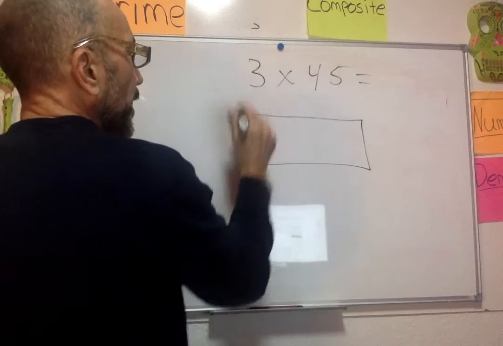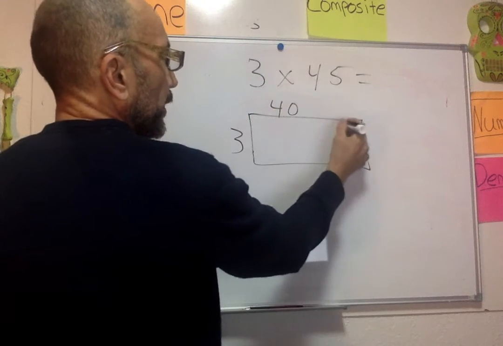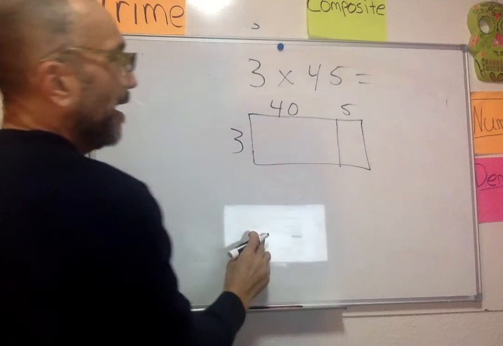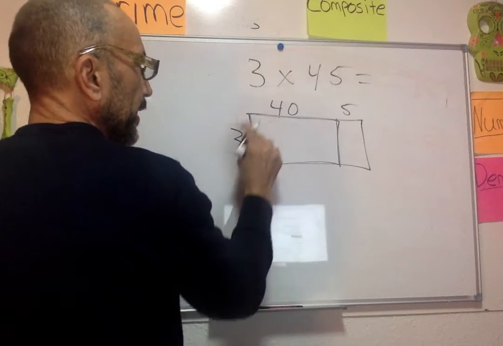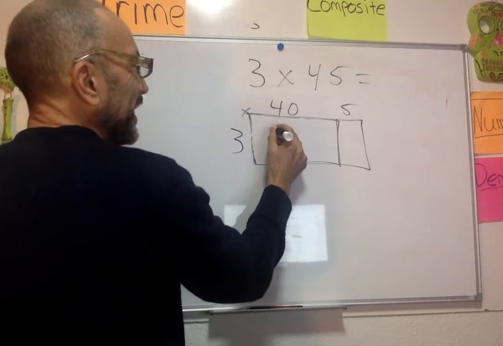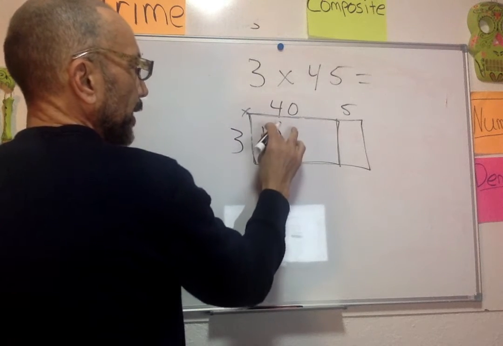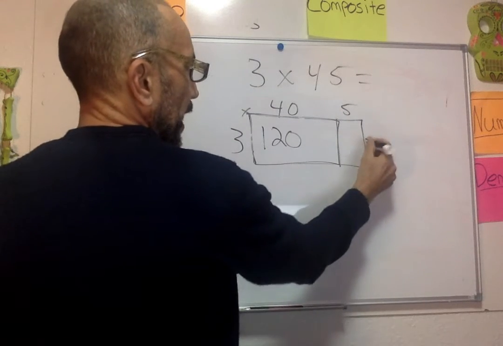Okay, to find the area, this is 3. And we're going to split this into 40 and 5, right? So this area is 3 by 40. So we multiply. 3 times 4 is 12 and the 0. And then here, this area is still 3.